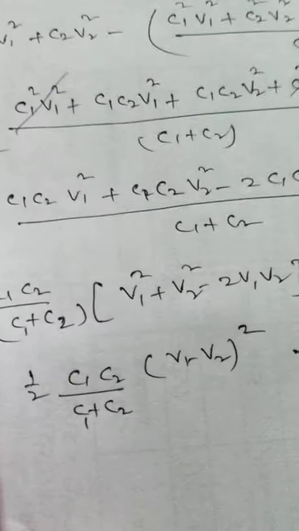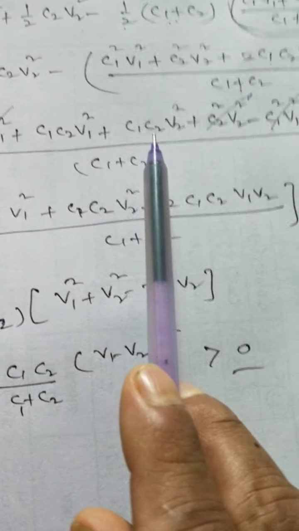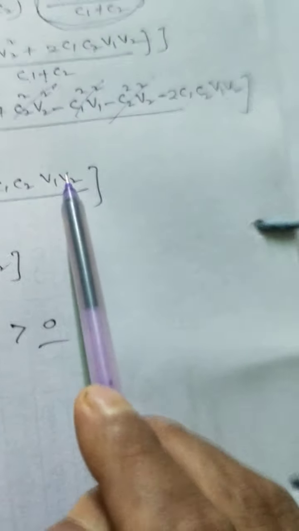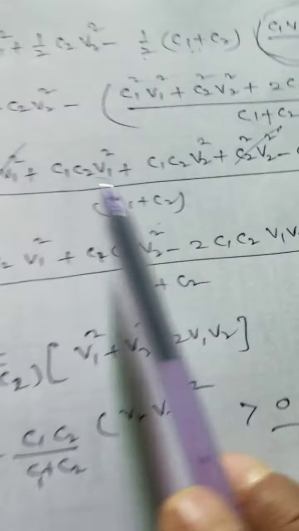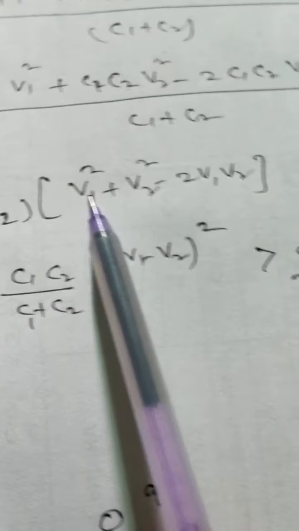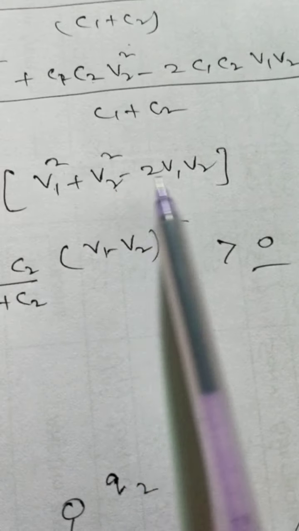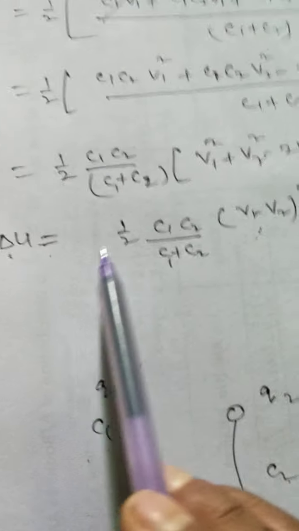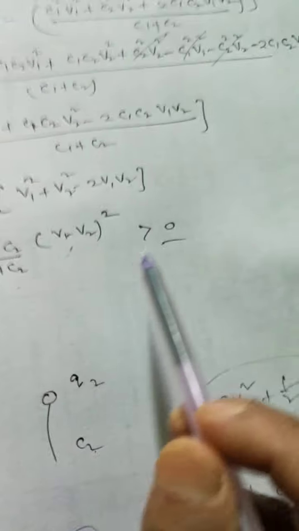We have left half, first term, second term, third term, divided by this. Here C1C2 common. So what will be V1 square plus V2 square minus 2V1V2, divided by this, and this is nothing but (V1 minus V2) whole square. So our formula is delta U is equal to half C1C2 upon (C1 plus C2) times (V1 minus V2) square, and this is greater than 0.